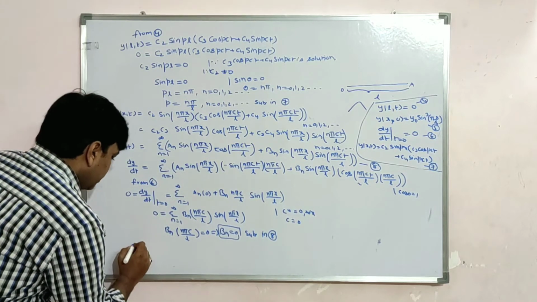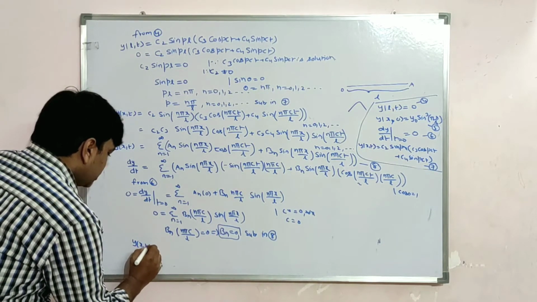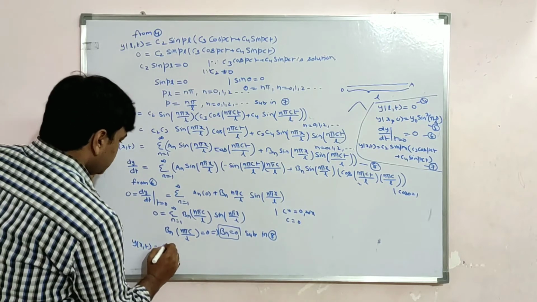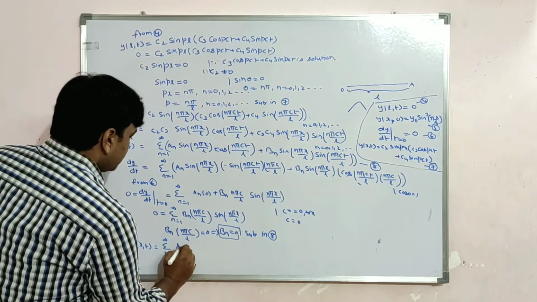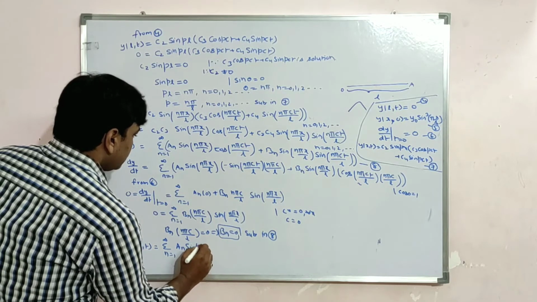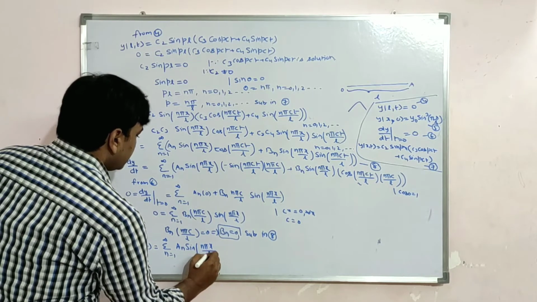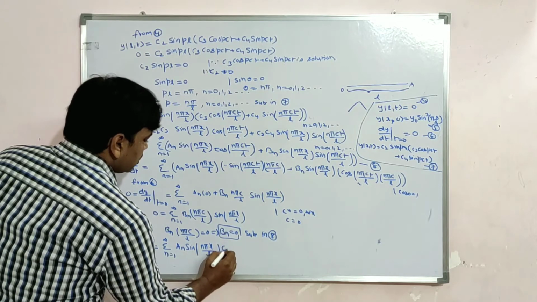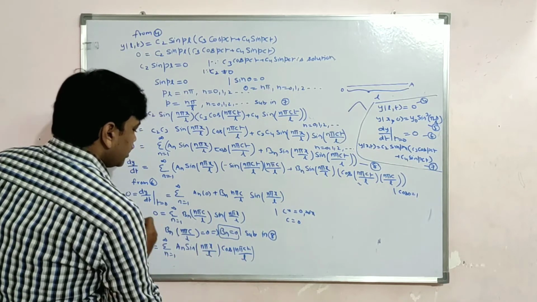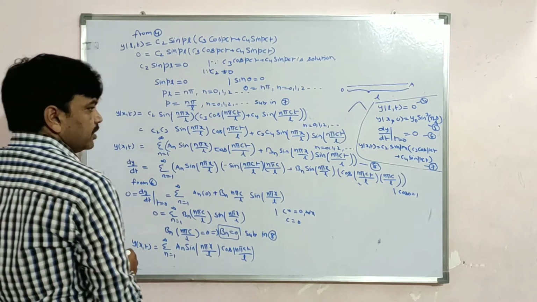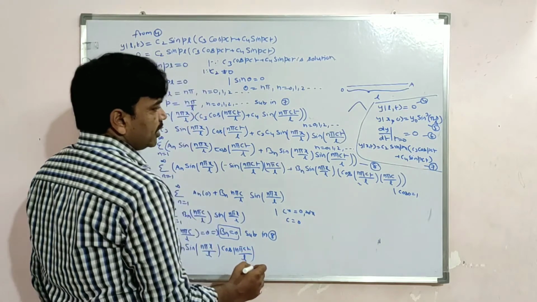Okay, now y of x comma t is equal to the sum from n = 1 to infinity of an sin(n pi x by L) into cos(n pi ct by L). So this is 9, students.